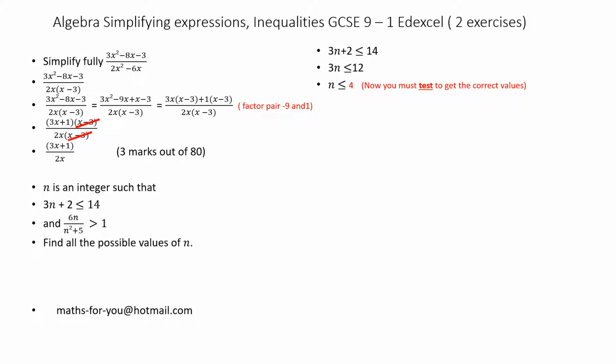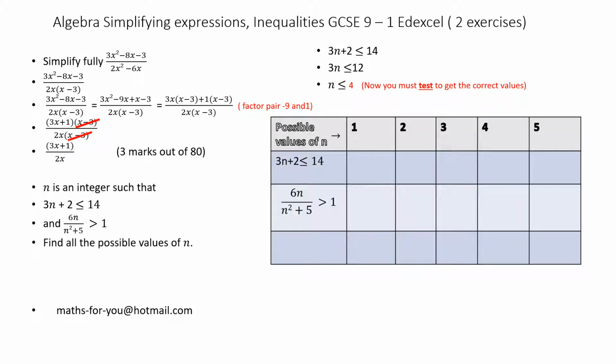For clarification, I draw a table with possible n values. Don't forget that n is less than or equal to 4. I've included 5 there because that will help me to express my result in a different method altogether.